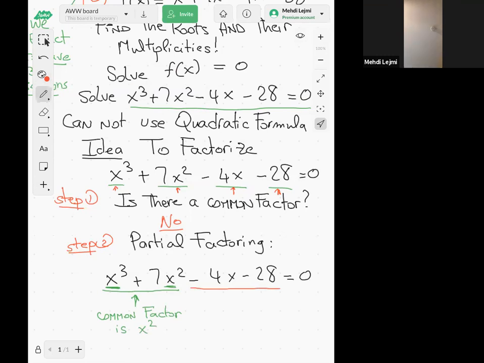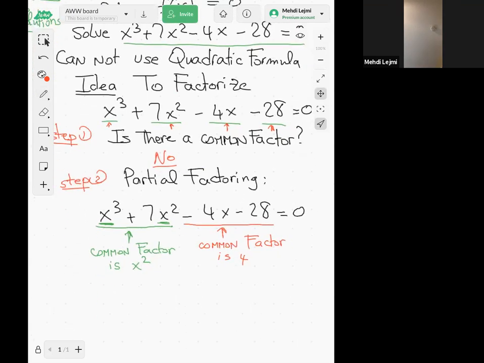Well, x is not the common factor because there's no x in 28, of course. But 28 is divisible by 4, I mean, 28 is 4 times 7. So a common factor here is 4, right?